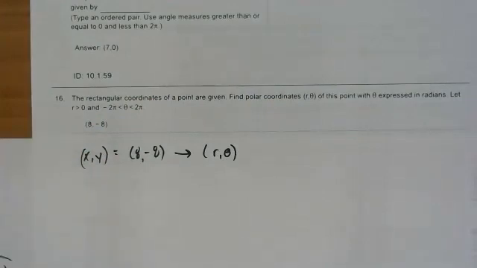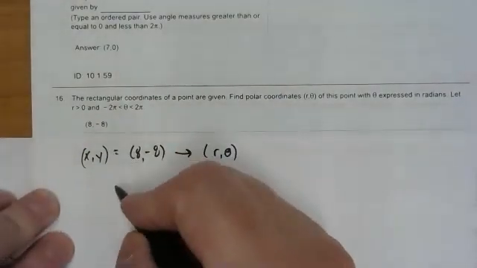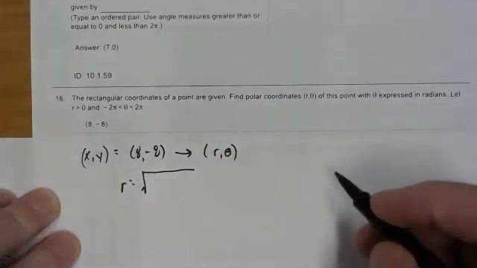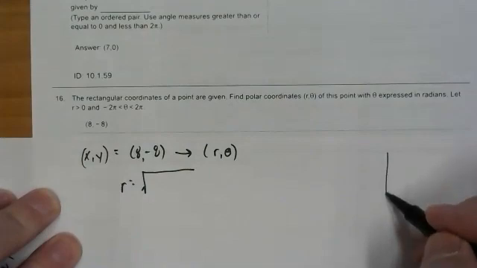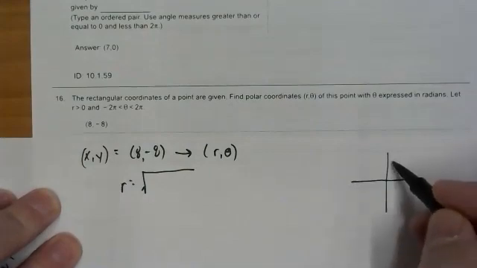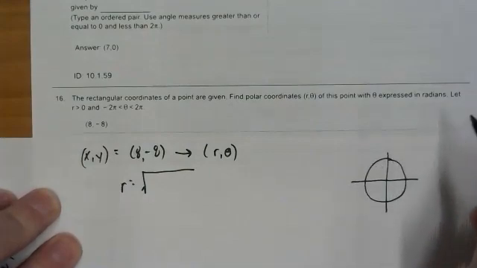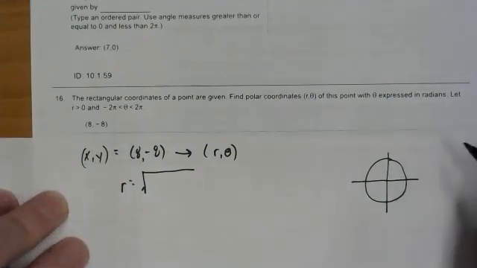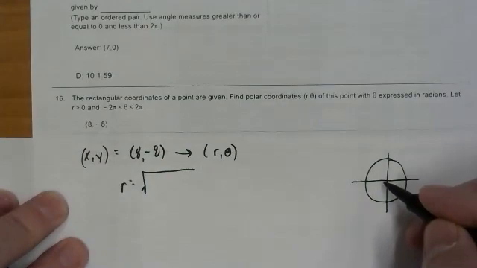So now we are going to use our equations. First, let's plot this point once again. Sometimes even I forget, but it always makes sense because it helps you to make sure you're doing things correctly. So 8, negative 8.